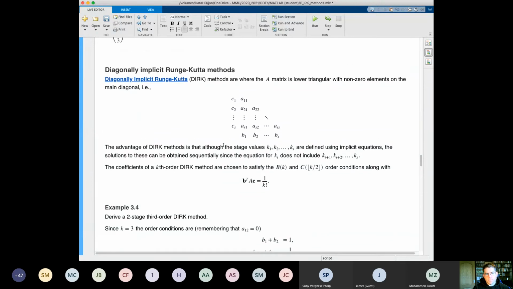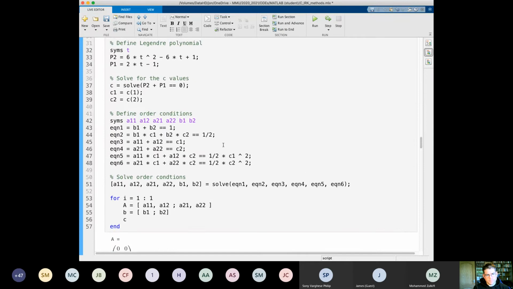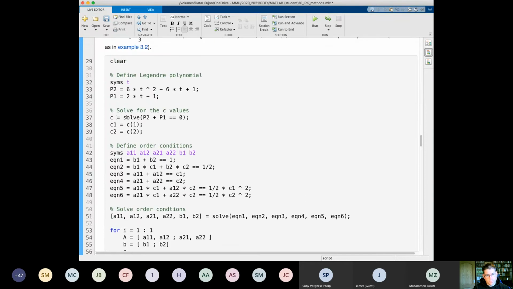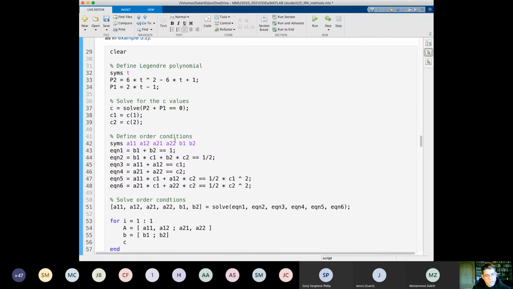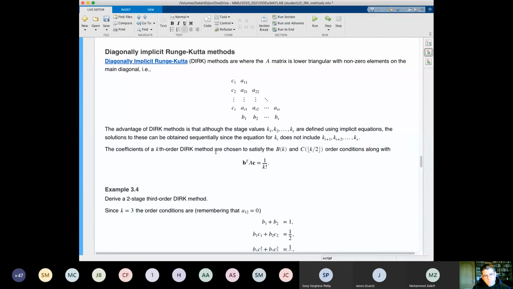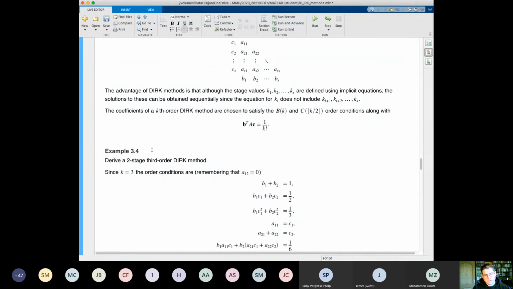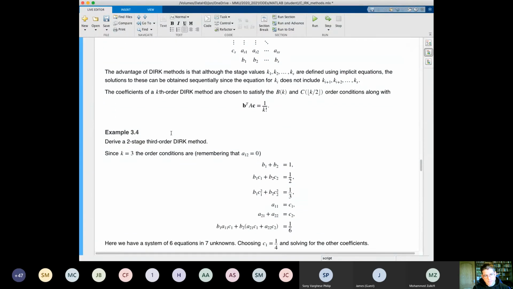Before, with the Radau and the Gauss-Legendre methods, we knew what our C values were because we were finding the roots of the Legendre polynomial. But for DIRK methods, we don't have that luxury. What we do have is fewer A values to solve for, because all of these will be 0. So let's have a look at an example of a two-stage third order DIRK method.